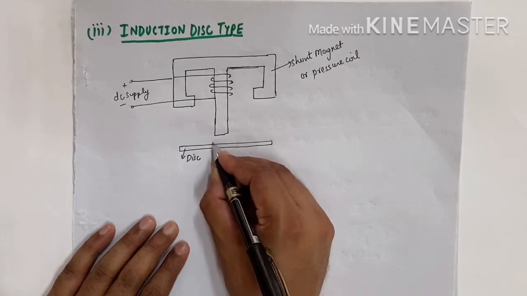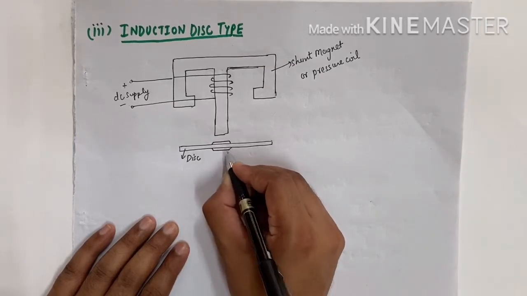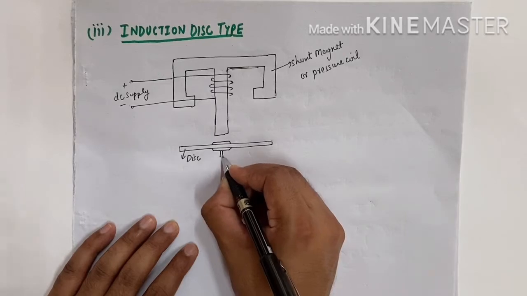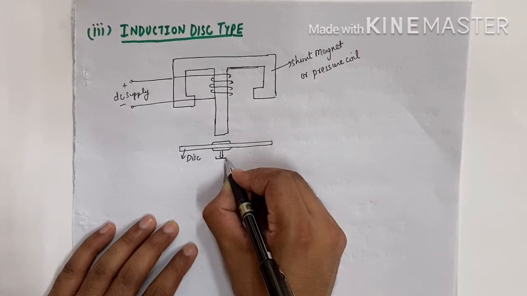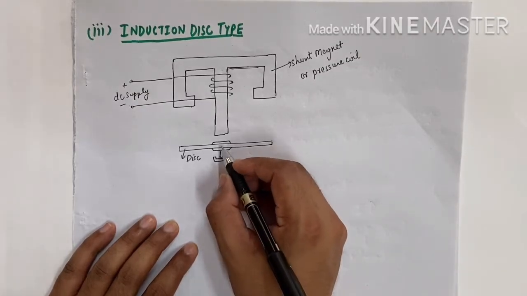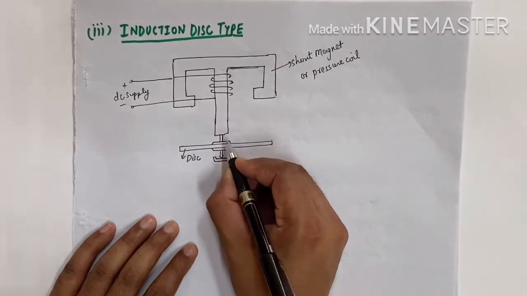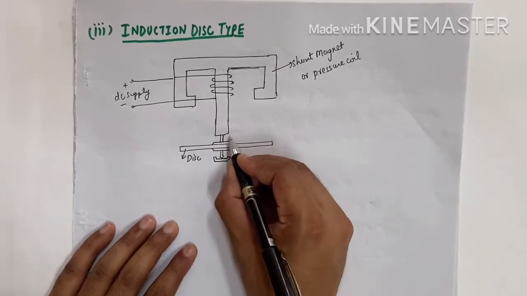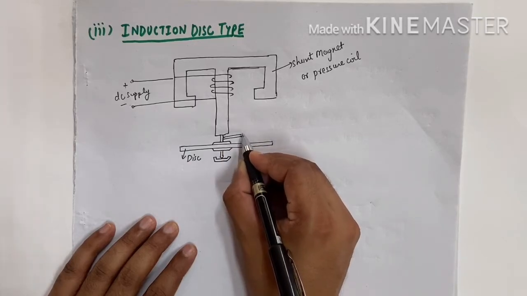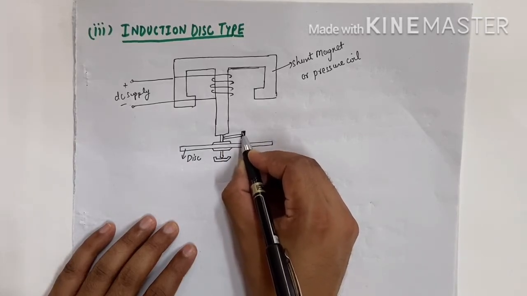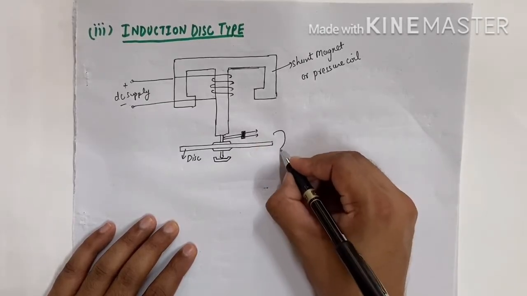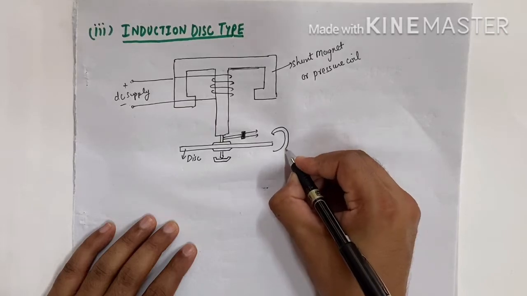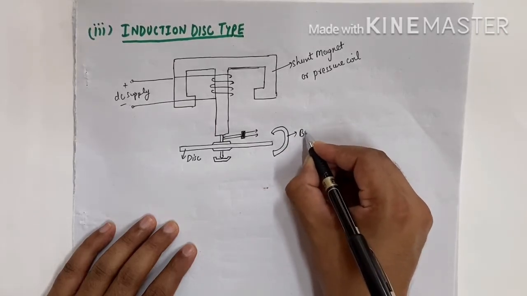On the disc, and this is the brake magnet we can apply. This is the brake magnet.